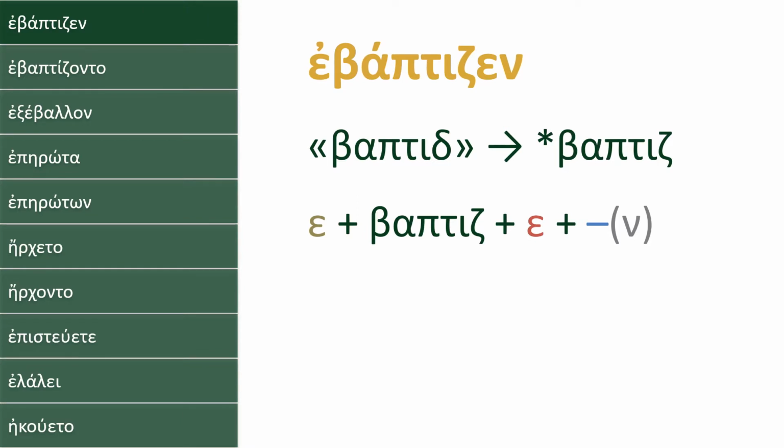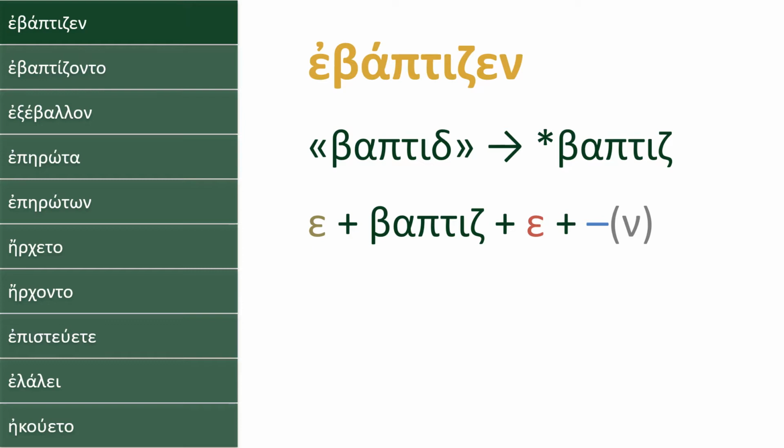Ἐβάπτιζεν, he, she, or it was baptizing, imperfect active indicative, third person singular, from βαπτίζω. The verbal root is in fact βαπτιδ. Remember that stems ending in -ιζω or -αζω in the present tense usually have roots that end in a dental.